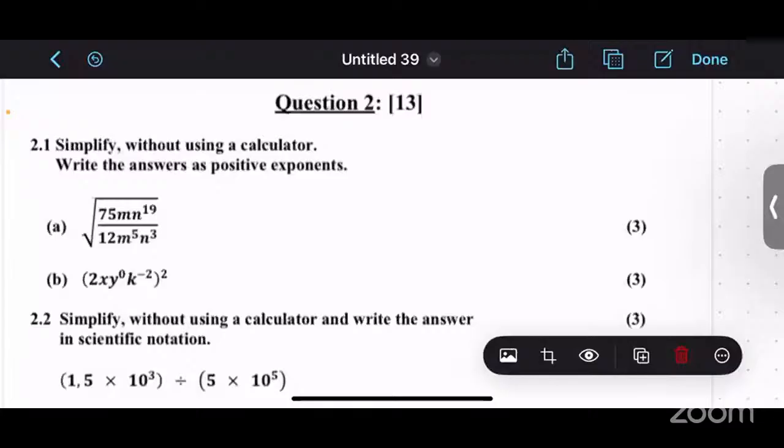I wrote it like the square root of 3M16 over M4. Was that your final answer? Ma'am, I didn't get further than that.